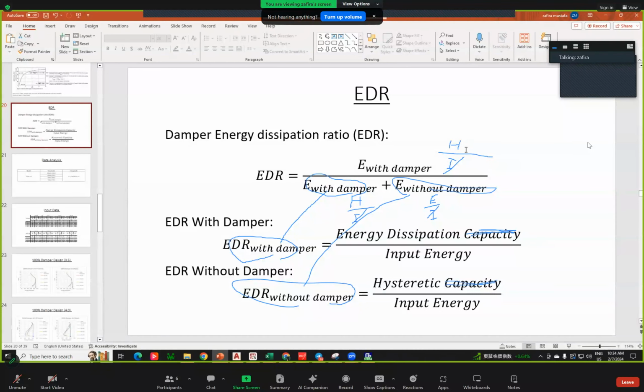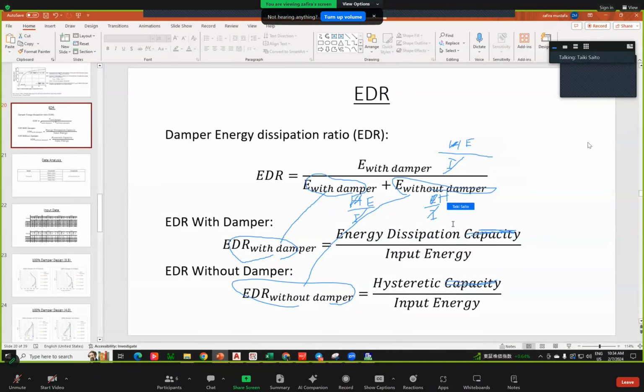I think this one should be the E, energy dissipation capacity, because this one is with damper. Okay. So this is energy dissipation, sorry. Yeah, energy dissipation capacity. Anyway, if we can cancel it, yeah. So Sensei, you're right. Hysteresis, right? Yes.